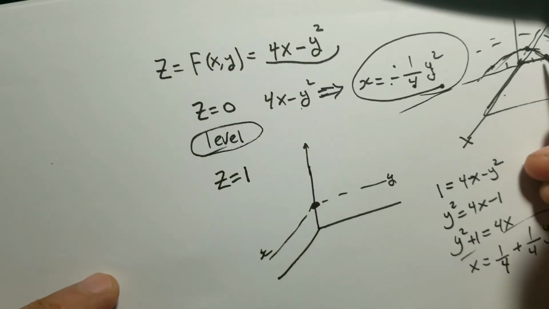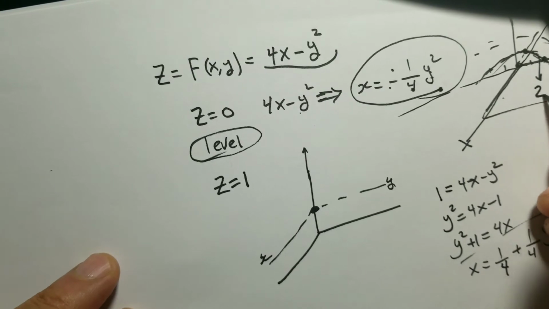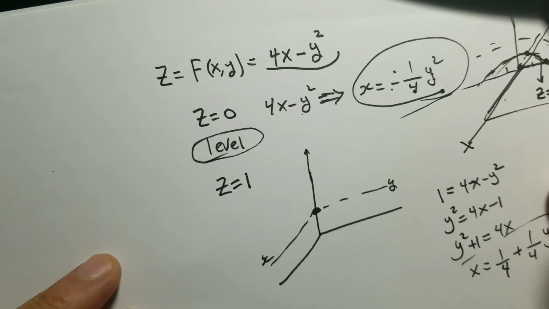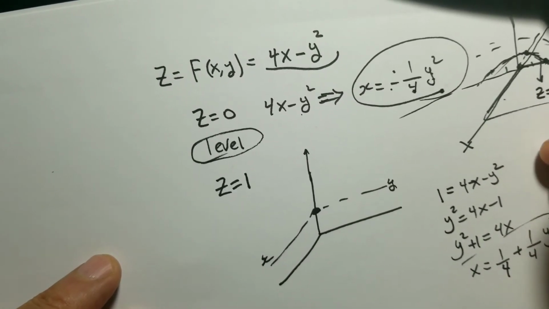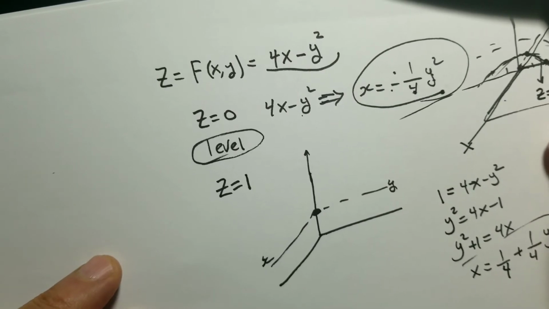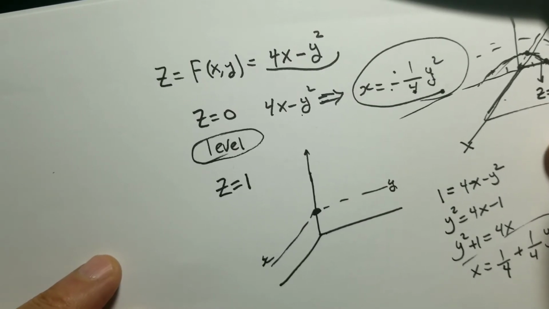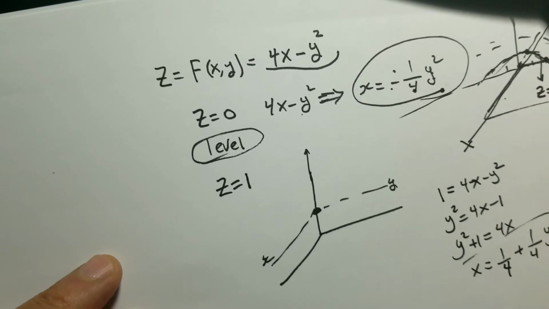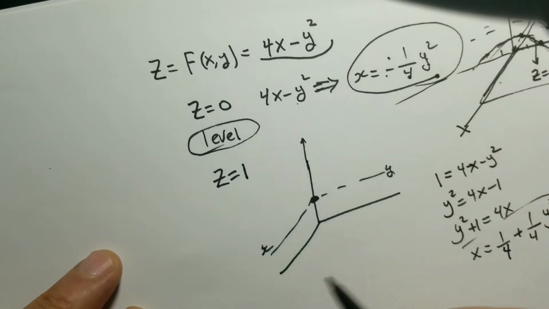Therefore, at every level curve, z is constant. Here at that level, z is constant, and z here is 1, here z is 0.